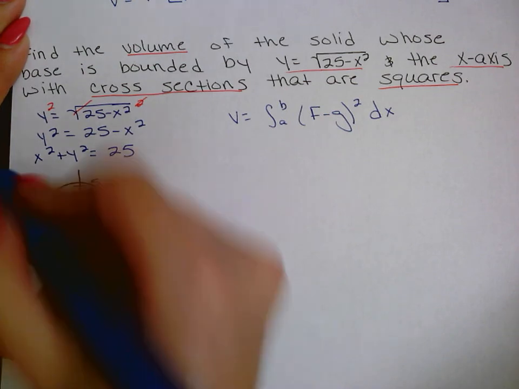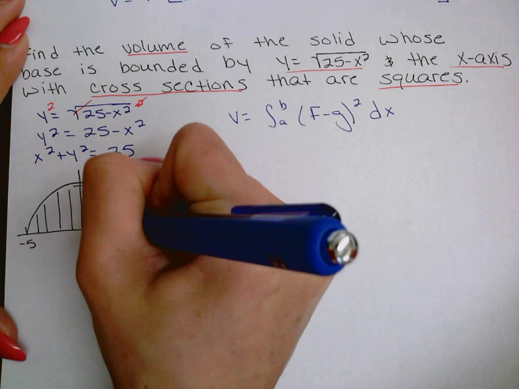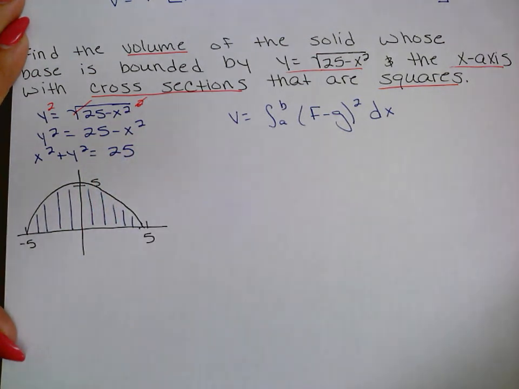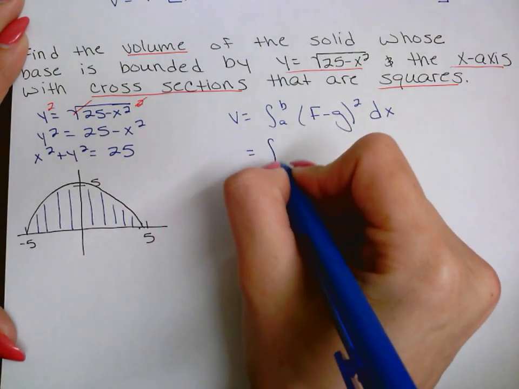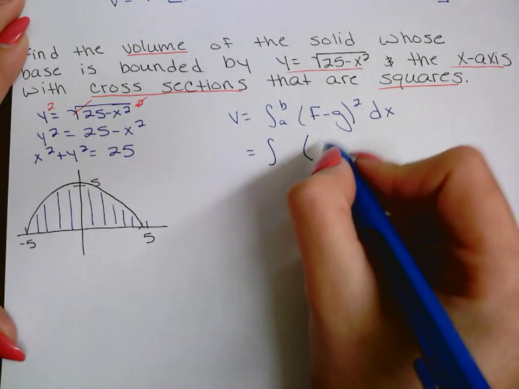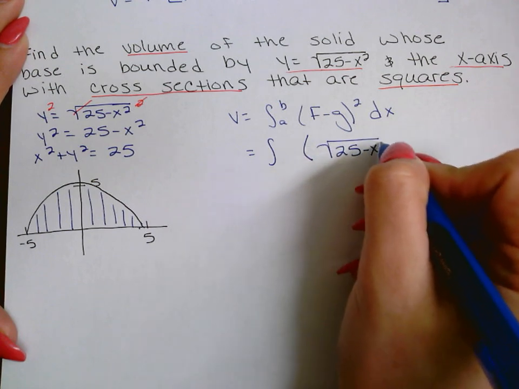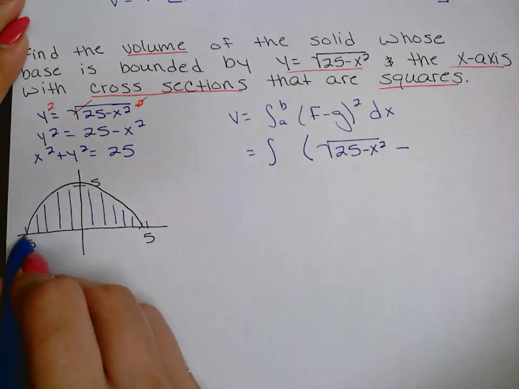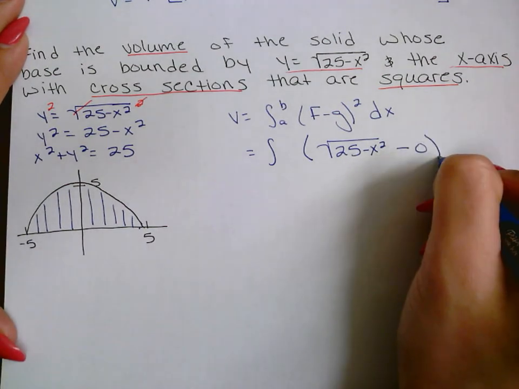So what I'm really working with is this space in here. So who is my f and who is my g? F is the square root of 25 minus x squared, minus g is 0, which makes life really easy.